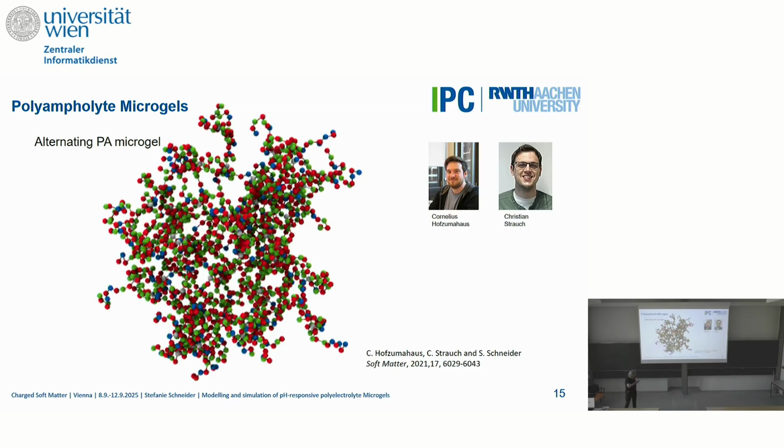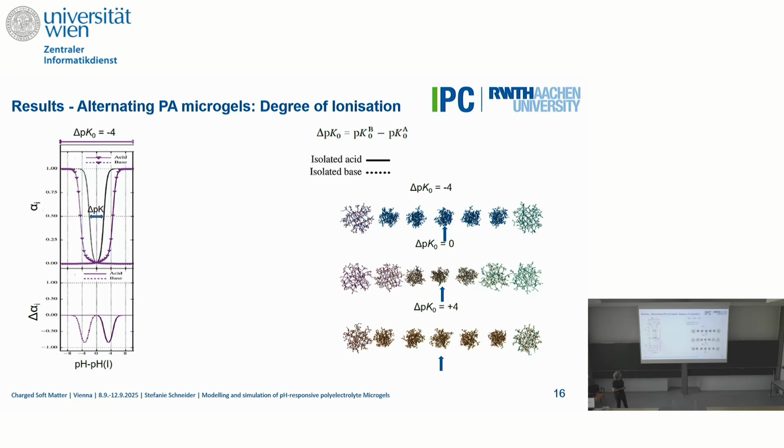If we now go to the polyampholyte case with alternating acidic and basic units, we get a new parameter. We get the delta pK, so actually the difference of the pK values of the acid and the base. And we here distinguish between three cases.